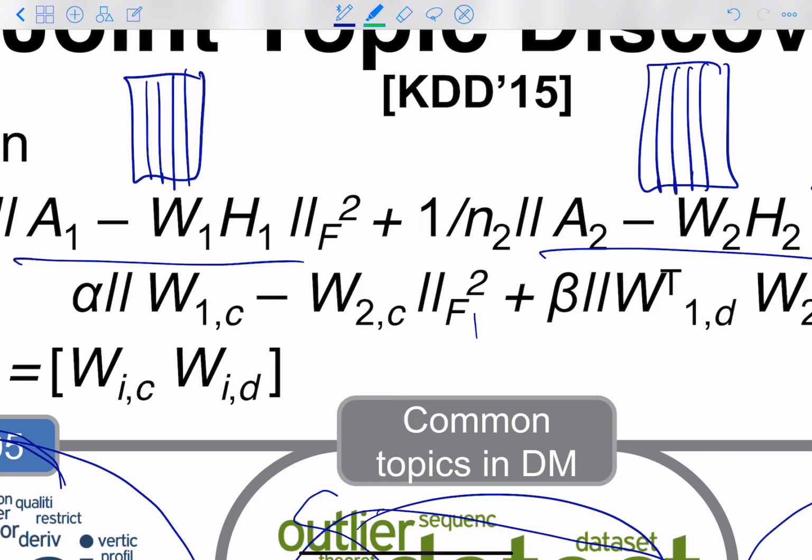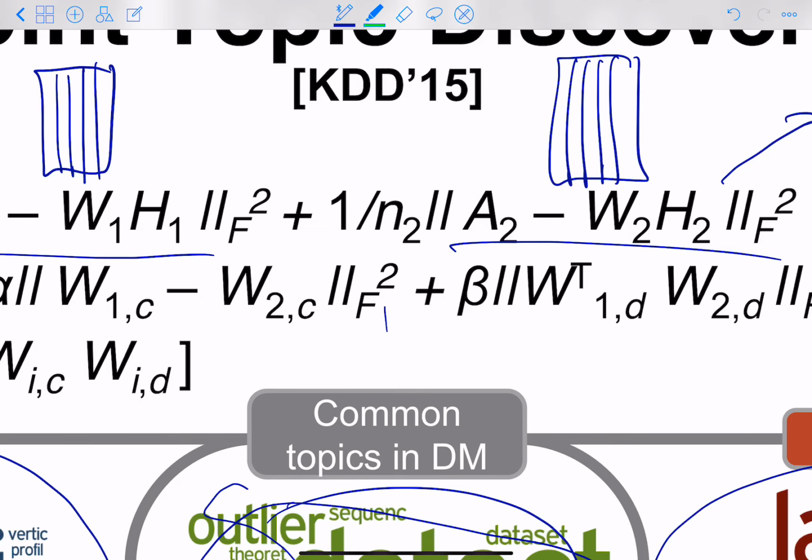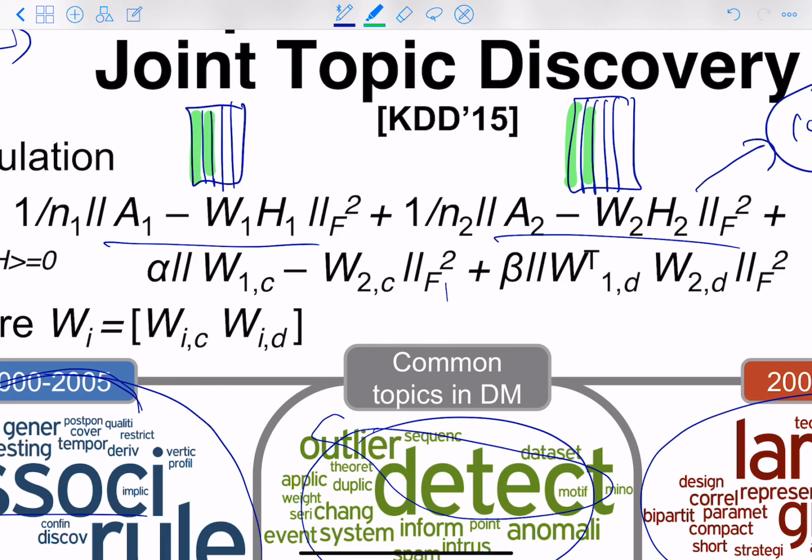And then let's assume that it requires these hyperparameters in terms of the number of common topics and distinct topics. Suppose those 2 topics are actually the common topics across these 2 data sets. Here we call this part W1C, the topics belonging to the first data set and common topics, and this part W2C.